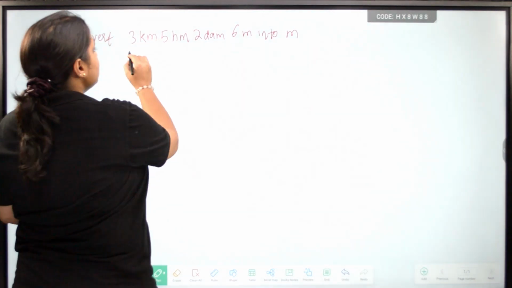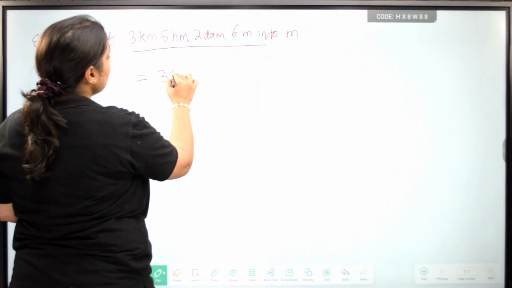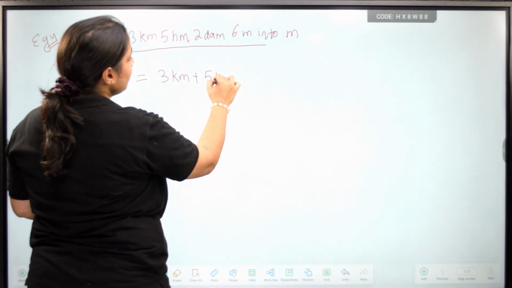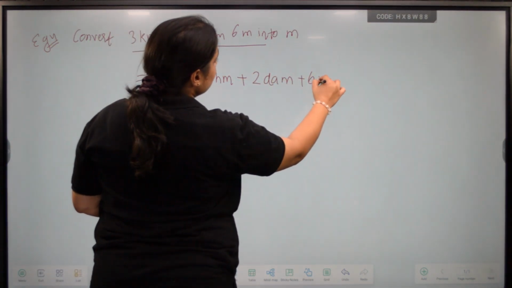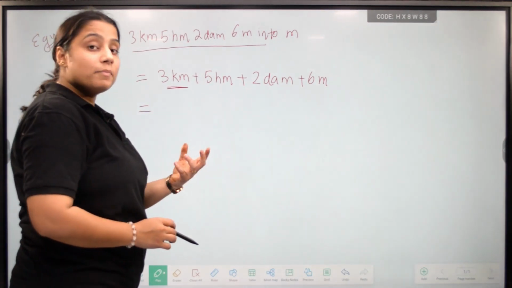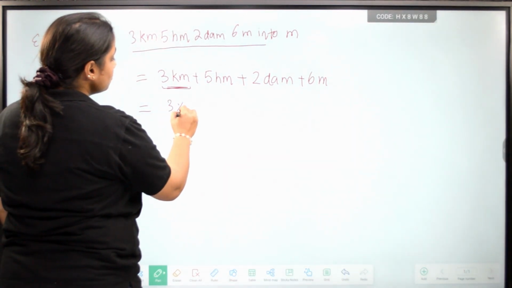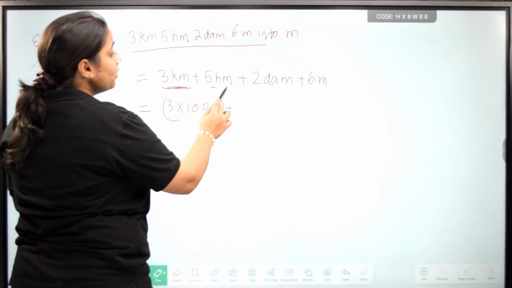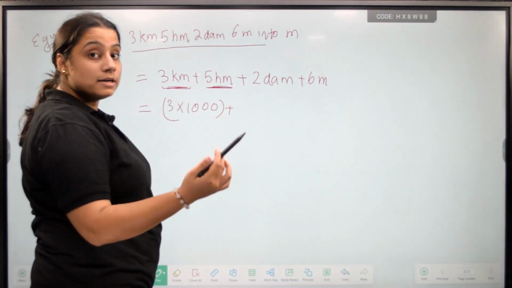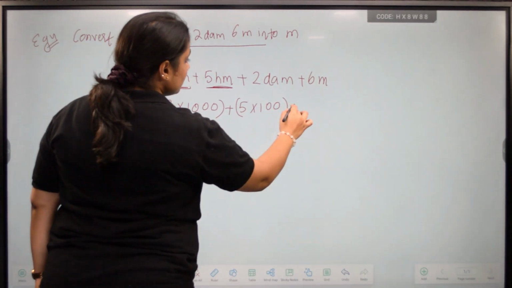Example 4. Convert 3 kilometer 5 hectometer 2 decameter 6 meter into meters. So this can be written as 3 kilometers plus 5 hectometer plus 2 decameter plus 6 meters. We know that 1 kilometer has 1000 meters, so this 3 will be multiplied by 1000. Plus we know that 1 hectometer has 100 meters, so this 5 will be multiplied by 100.